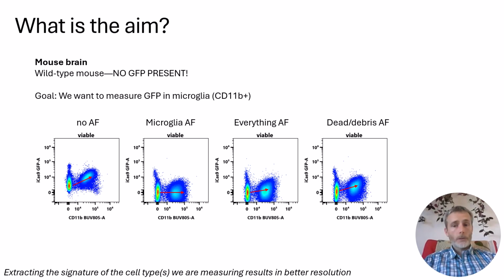Extracting a different population probably won't effectively do that. Now you'll notice here that we haven't removed other autofluorescence populations, such as this spike into the GFP channel on CD11b negative cells. However, if what we want to do is measure the GFP on the CD11b positive cells, and that's really the only thing we're trying to accomplish, then extracting additional autofluorescences is not critical.